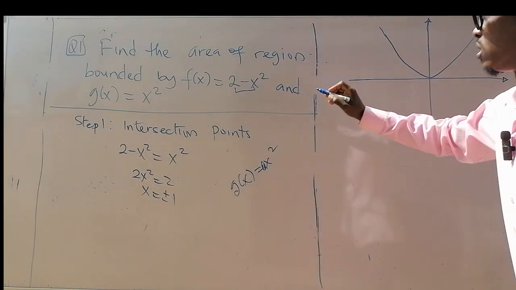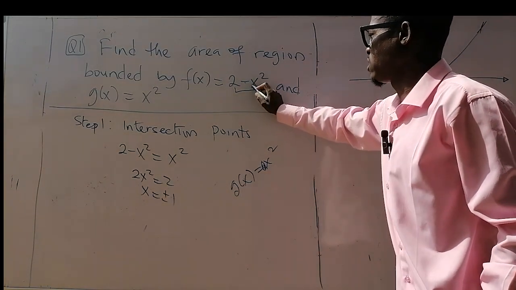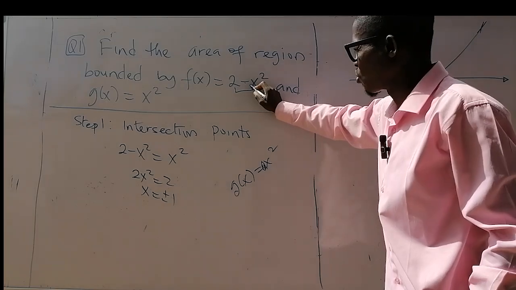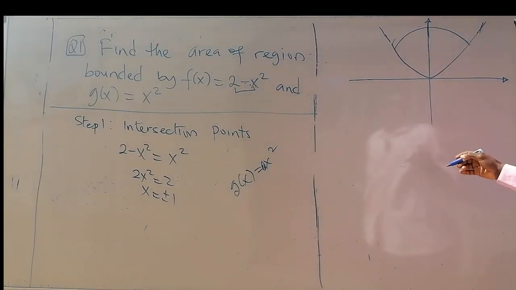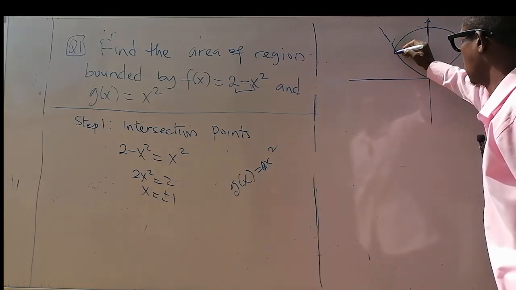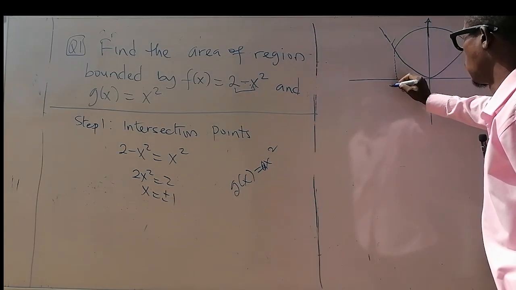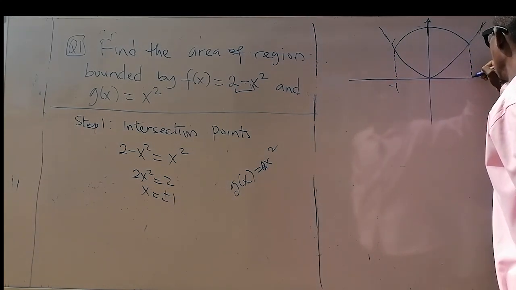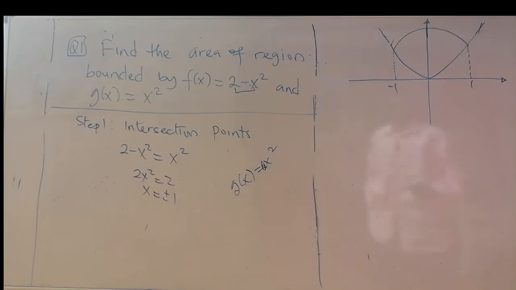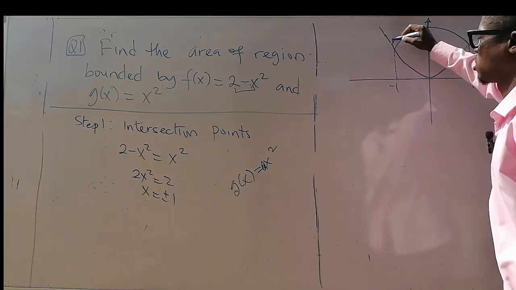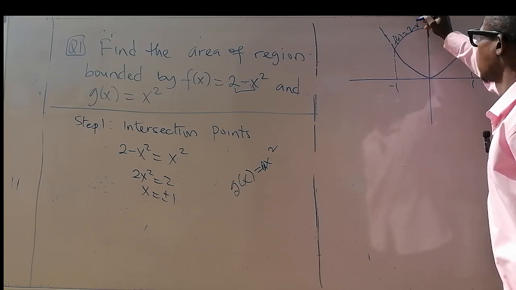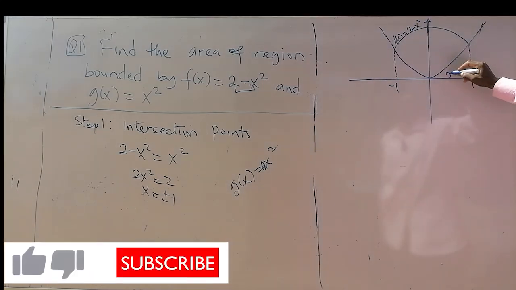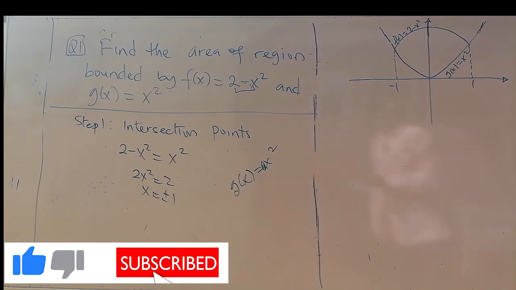For the other one, the coefficient of x squared is negative, so we expect a cap shape. Where they meet is your minus 1 and 1, the points of intersection. This graph is f of x equal to 2 minus x squared, and this one is g of x equal to x squared. So that's the graph we have.